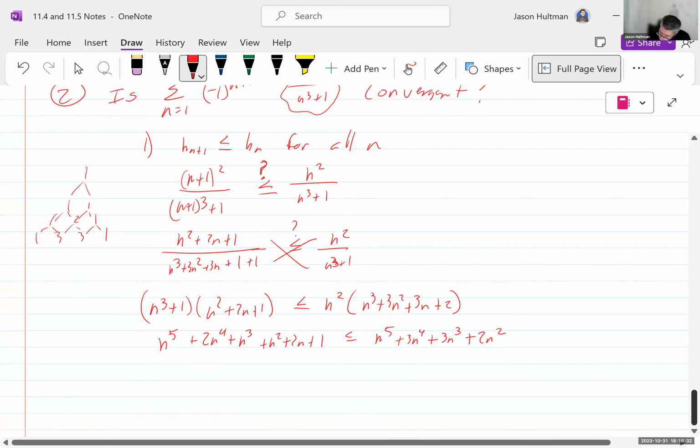So I want to subtract everything from one side: the n to the 5th, minus 2n to the 4th, minus n cubed, minus n squared, minus 2n, minus 1.